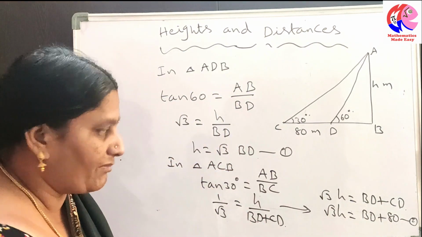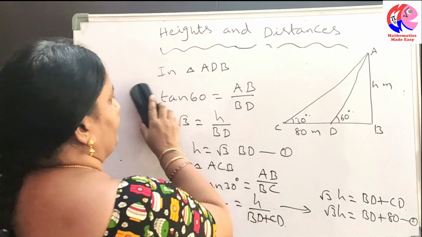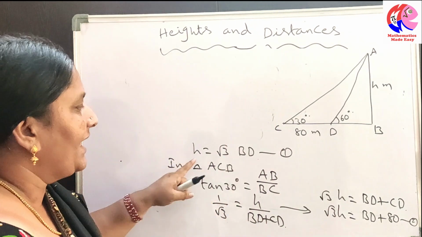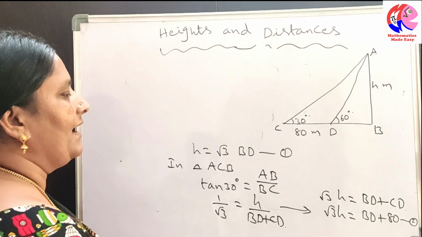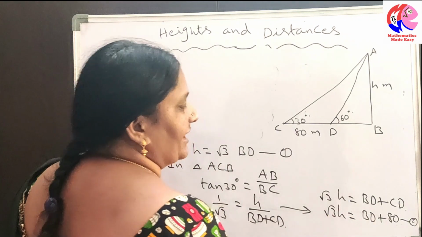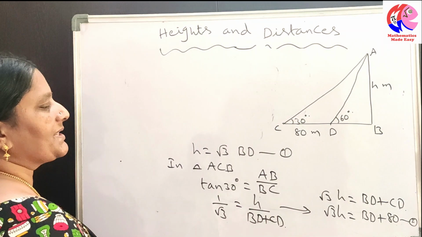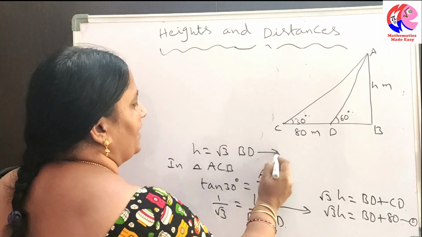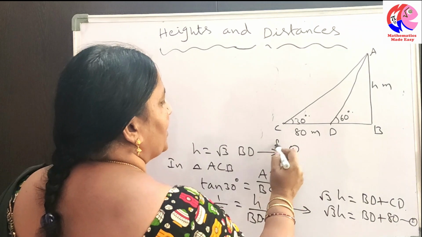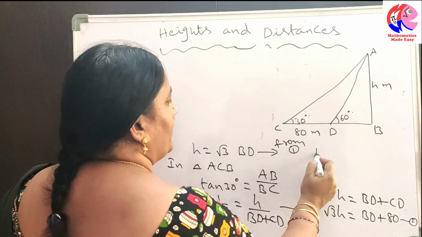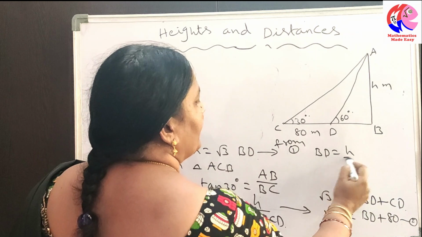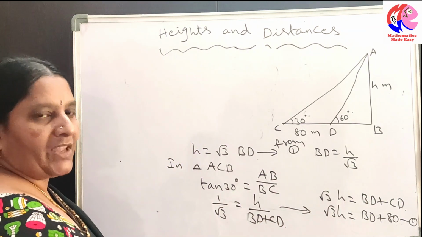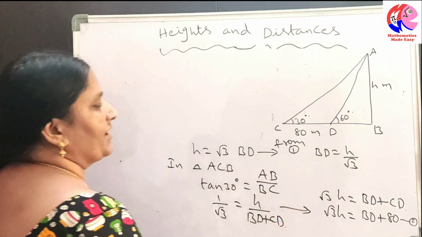From equations 1 and 2, in the first equation we have h is equal to root 3 BD, and in the second equation root 3 h is equal to BD plus 80. So from the first equation we can take that BD is equal to h by root 3. Let us substitute this BD equal to h by root 3 in equation 2.